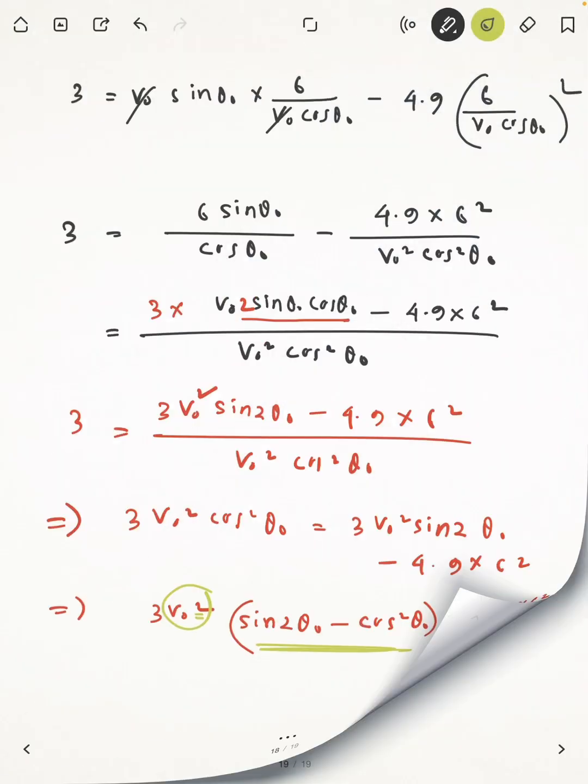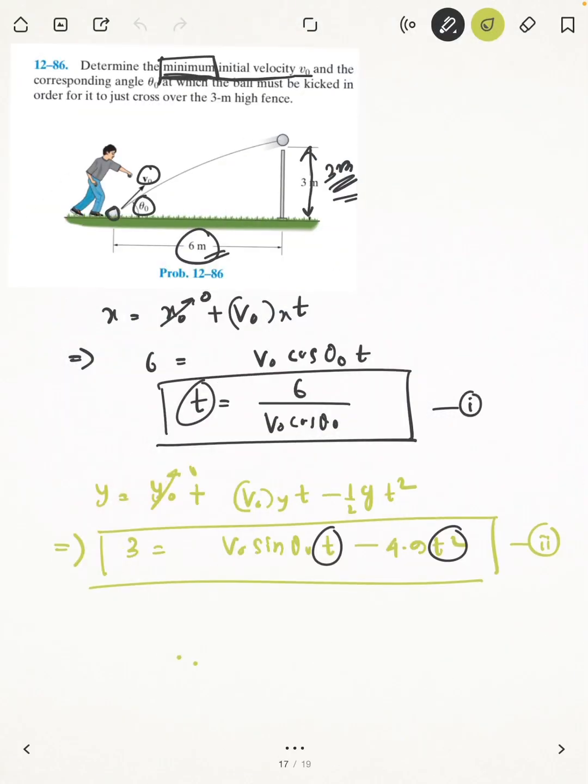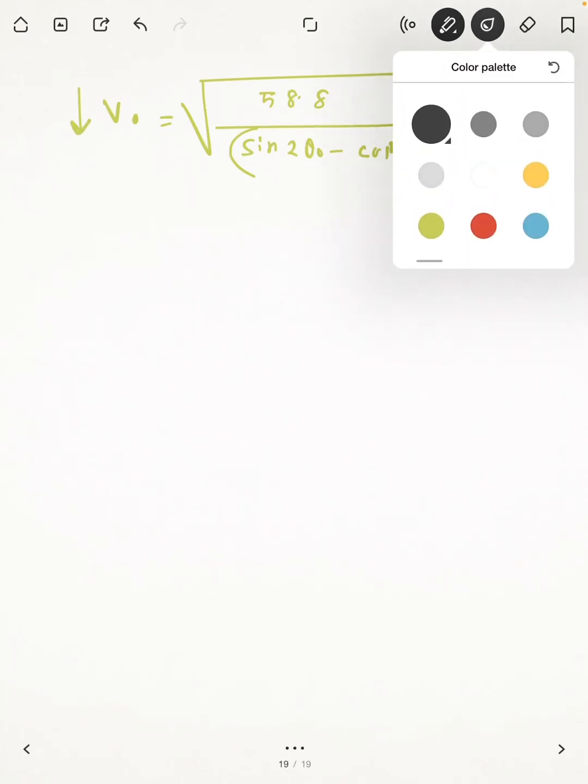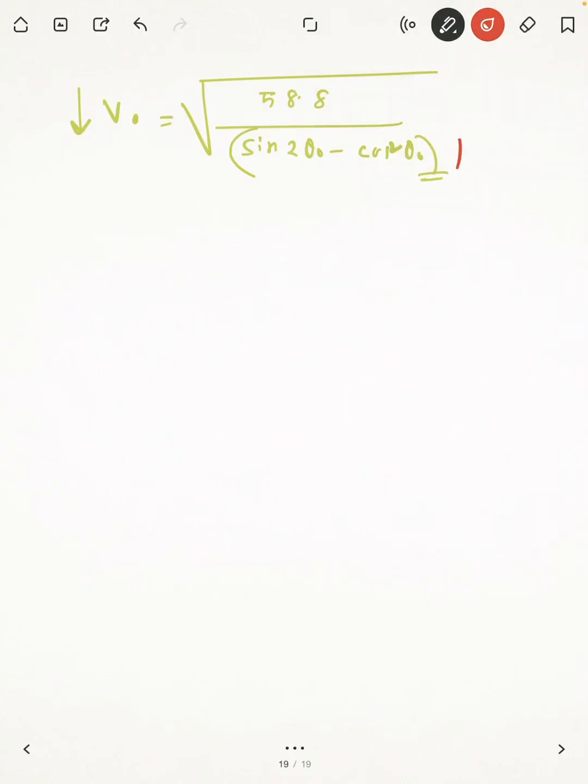What we are asked in the question is the minimum initial velocity. So if this should be minimum, then this denominator should be higher. The higher the denominator, the less the v naught. So we have to take the differentiation of this with respect to theta naught to find the maximum value.